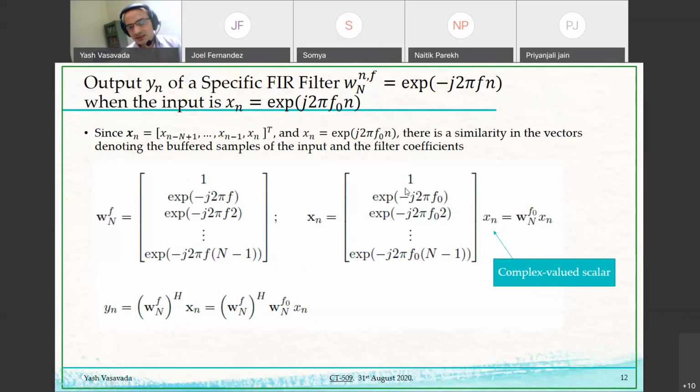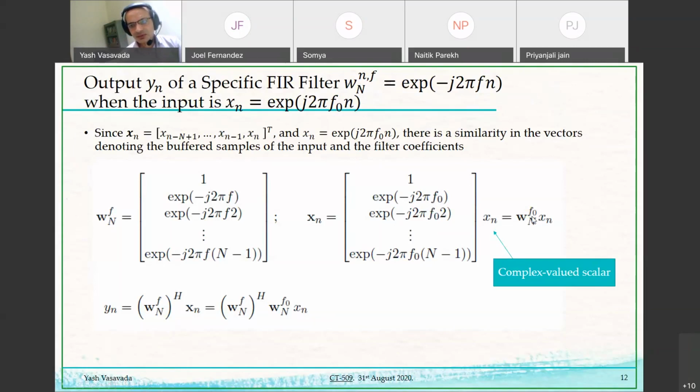More fundamentally, these elements are the contents of the tap delay line memory, and that memory structure remains independent of index n. That is how I'm able to pull out x of n outside of this vector.